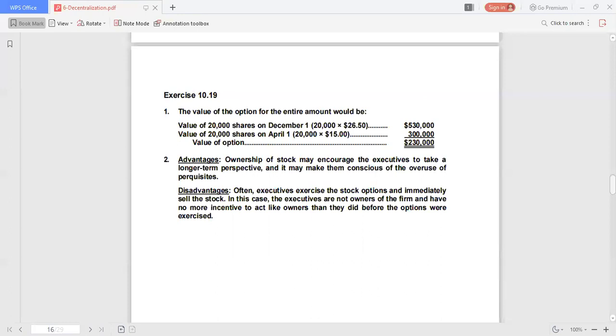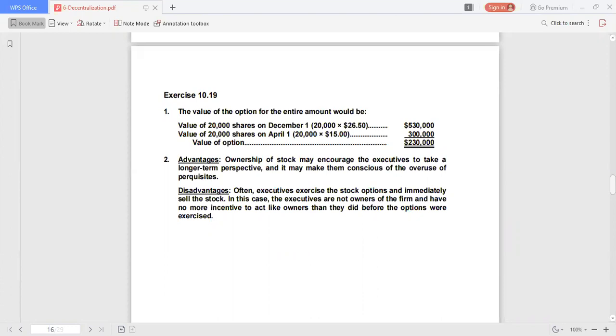These advantages open to question if executives exercise the stock options and immediately sell the stock. In this case, executives are not owners of the firms and have no more incentive to act like owners than they did before the options.